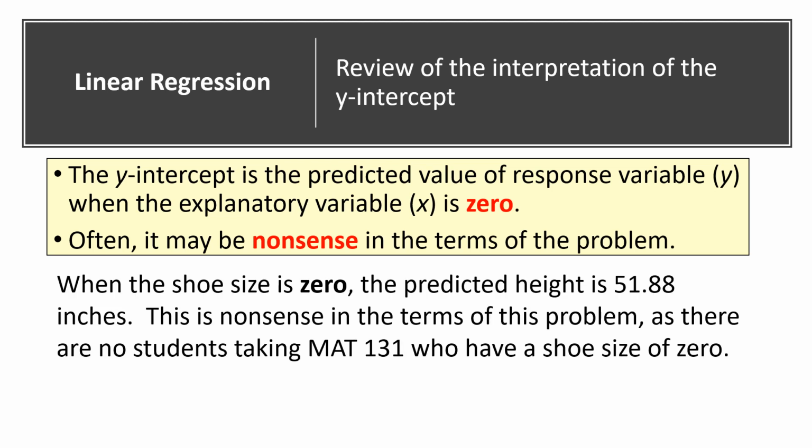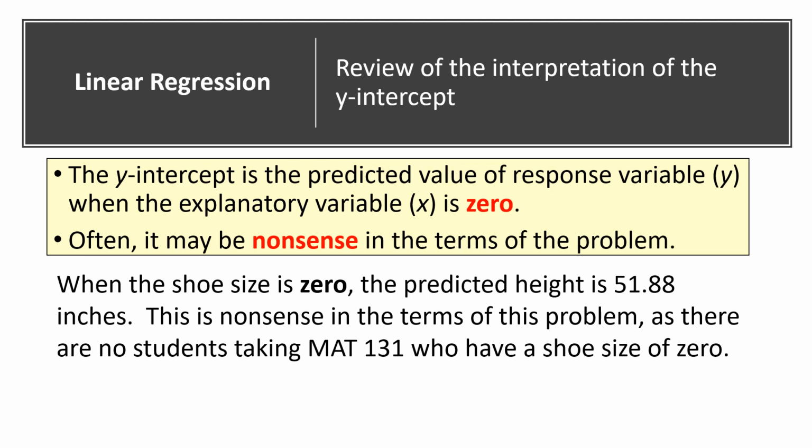So for our example, when the shoe size is 0, the predicted height is 51.88 inches. That's the interpretation of the y-intercept in this situation. But we should say that this really doesn't make sense in terms of the problem because we don't have any data near a shoe size of 0.